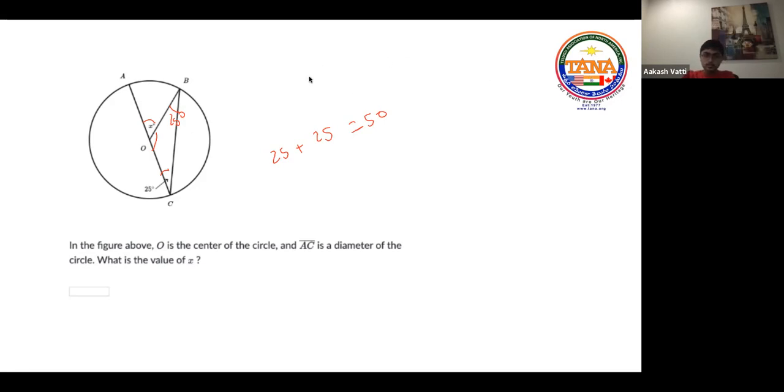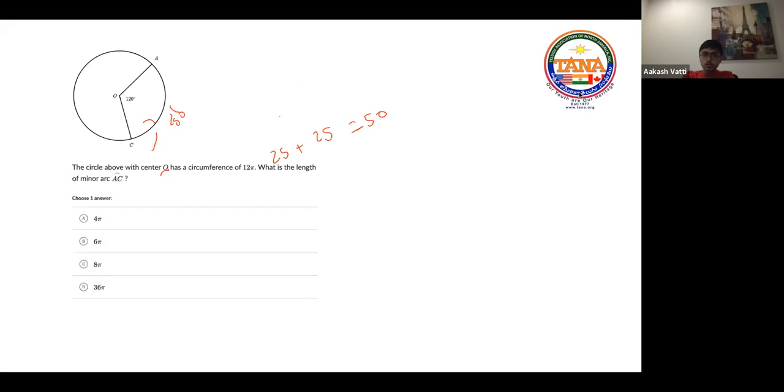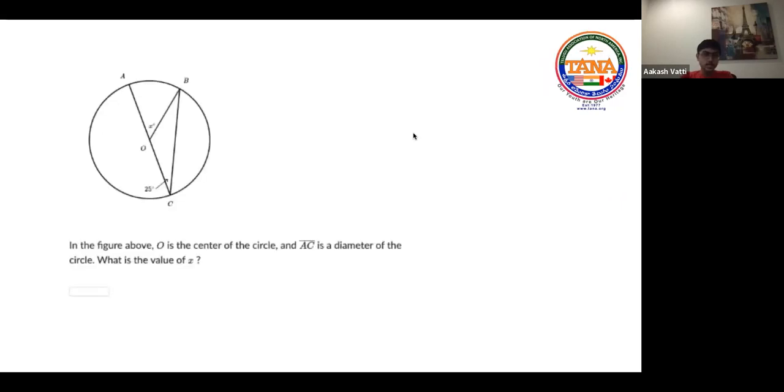Right. Moving on. I'll give you guys 2 minutes to do this one, and then I'll do it myself. Also, someone said in chat that the inscribed angle is always half of the center, so it has to be 50 as well.